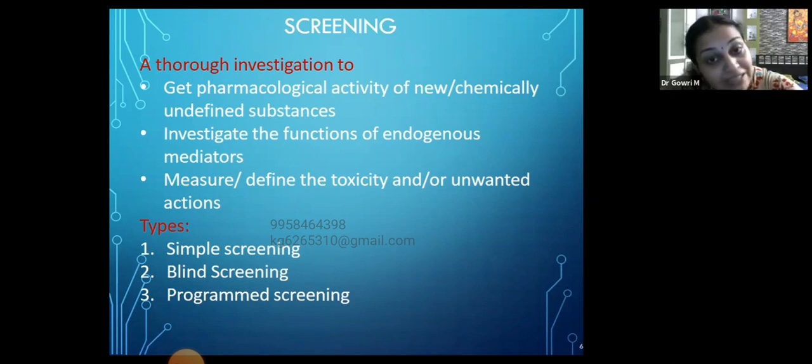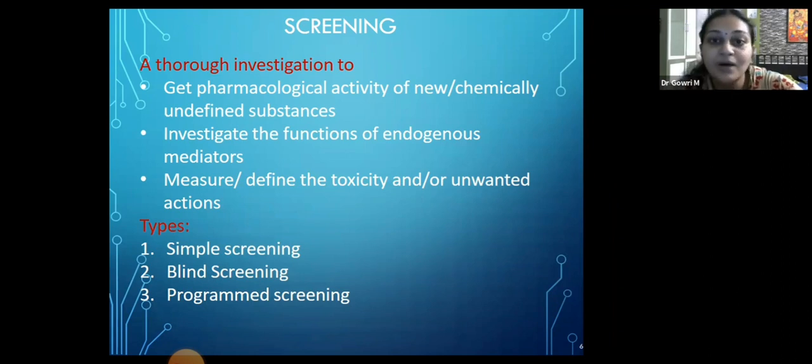What is going to happen internally? Inside our body, what physiological variations are going to happen, that we have to analyze. Then we have to measure or define the toxicity or the unwanted action, if there is any side effect, if there is any toxicity on long-term usage or short-term usage, any problems histopathologically, all these things you have to know.